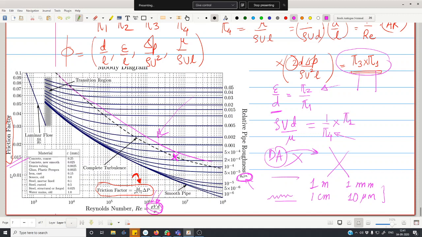Dimensional analysis could in no way tell me what the functional relationship is. I cannot tell whether delta p upon rho u square will be equal to mu upon rho u l raised to the power of a times epsilon upon l raised to the power of b. It cannot tell me this functional form.